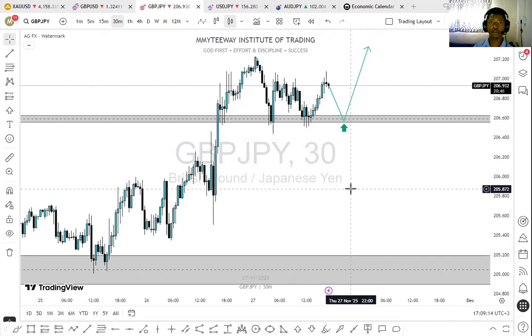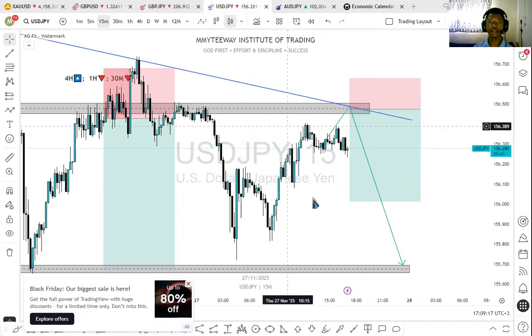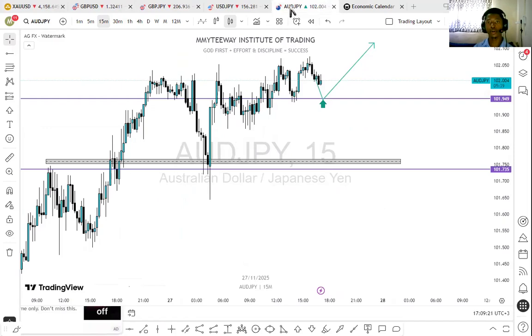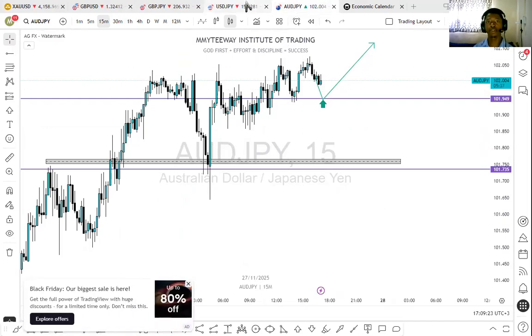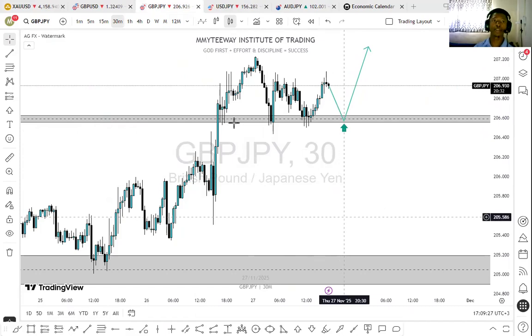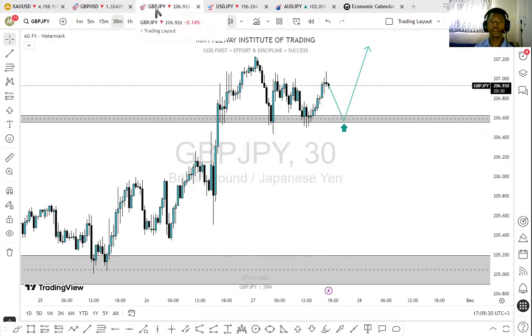Even the patterns may be seriously similar, but what makes them different is that this one has a base currency of the pound, this one of the USD, and this one of the Australian dollar.